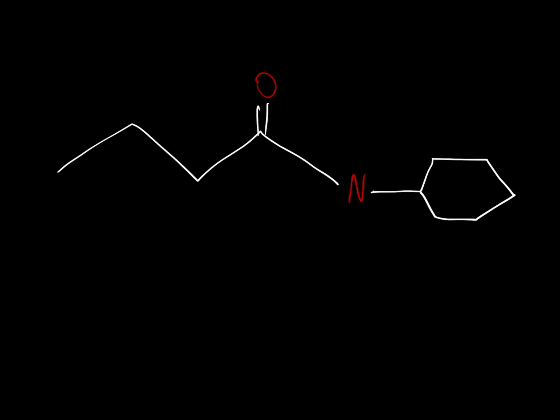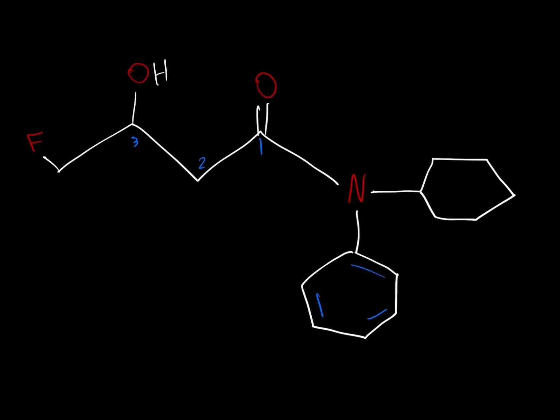Now let's look at a more complicated example. So how do we name this molecule? So realize that we have 1, 2, 3, 4 carbons in the main chain.